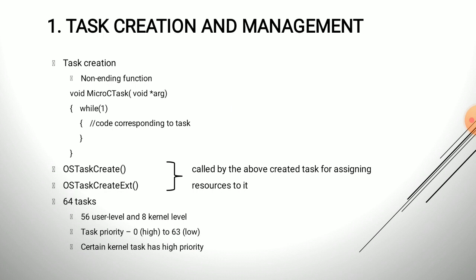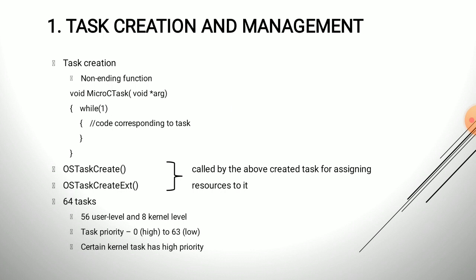The micro C kernel calls OS task create or OS task create ext for this. These functions are called by the above created task, that is micro C task, for assigning resources to it.